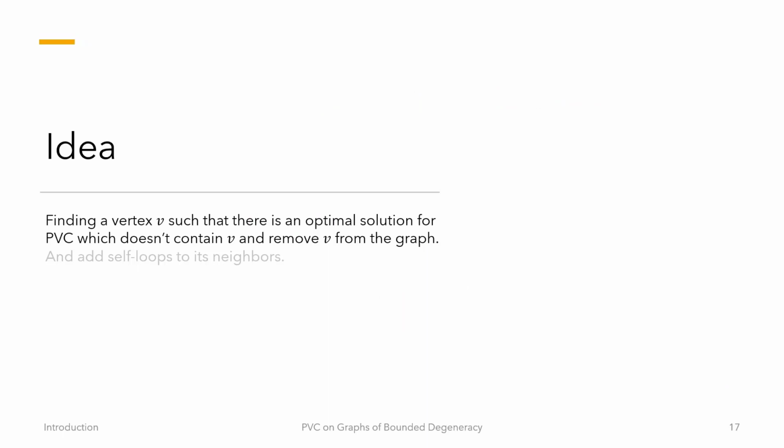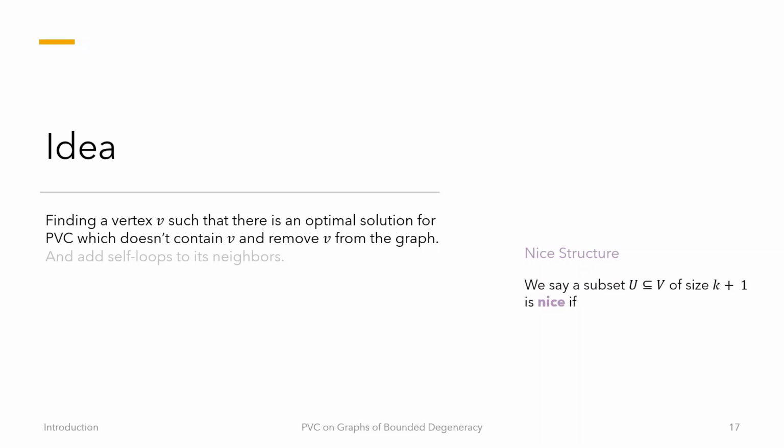So the idea of the compression is simple. We were just looking for a vertex V such that there is an optimal solution for PVC without V, and then we wanted to remove V from the graph and add some self loops to its neighbors. The idea is pretty simple, but finding a V like that wasn't very easy, so instead we looked for a structure.